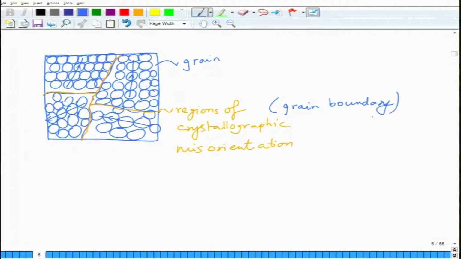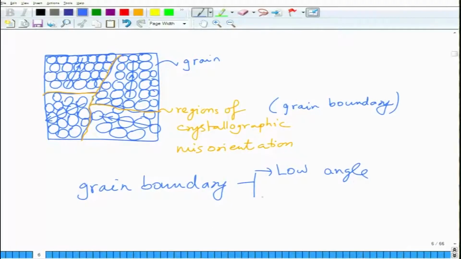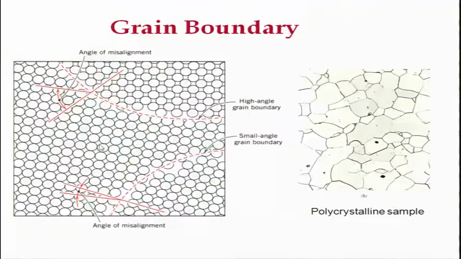Now, depending upon the angle of misalignment, these could be called high angle or low angle grain boundary. So, grain boundary can be further categorized as low angle or high angle. So, if I show you the images of these two samples, this is what it would look like.